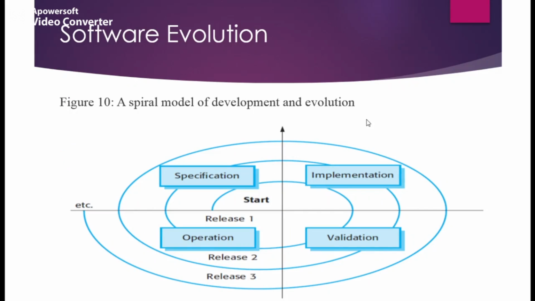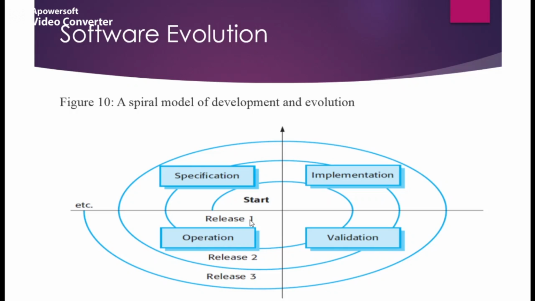You can see here the spiral model of development and evolution process. What is the first one? Specification, meaning your requirement specification. So first you begin, in your software evolution process also, with the requirement specification. That is nothing but the new requirement now. Then next implementation, then validation and put into operation.